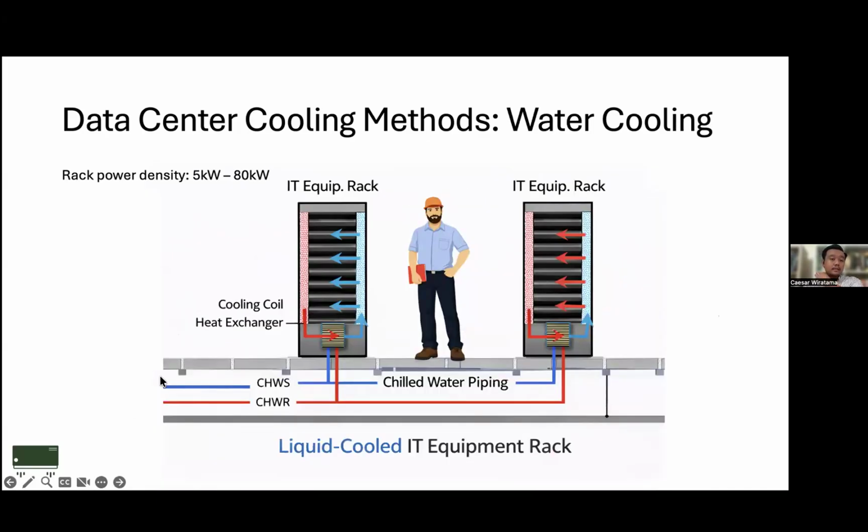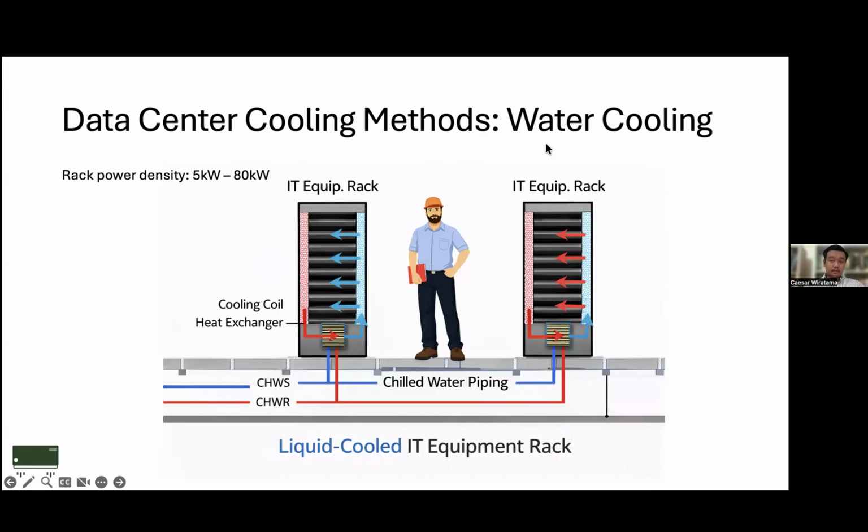Okay, the other method is water cooling. Again, as its name suggests, we just simply pump chilled water to the system and supply it to the system. So basically, if you have hot CPUs or hot routers, we just make some local system that flows the liquid around that system.